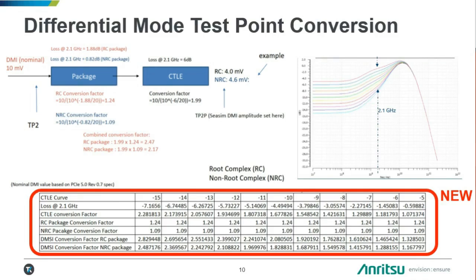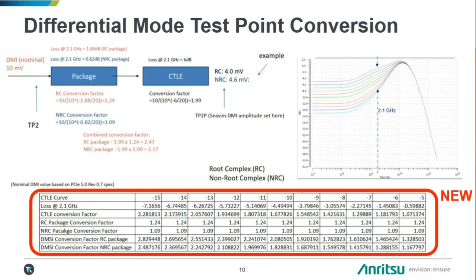So after those post-processing steps, we get to TP2P. This is actually the location where CSIM adds in differential mode interference. However, the base spec defines this value to be at TP2 before the package and the CTLE. So the table below actually shows the impact on this and an adjustment that needs to be made to align with the base spec values.